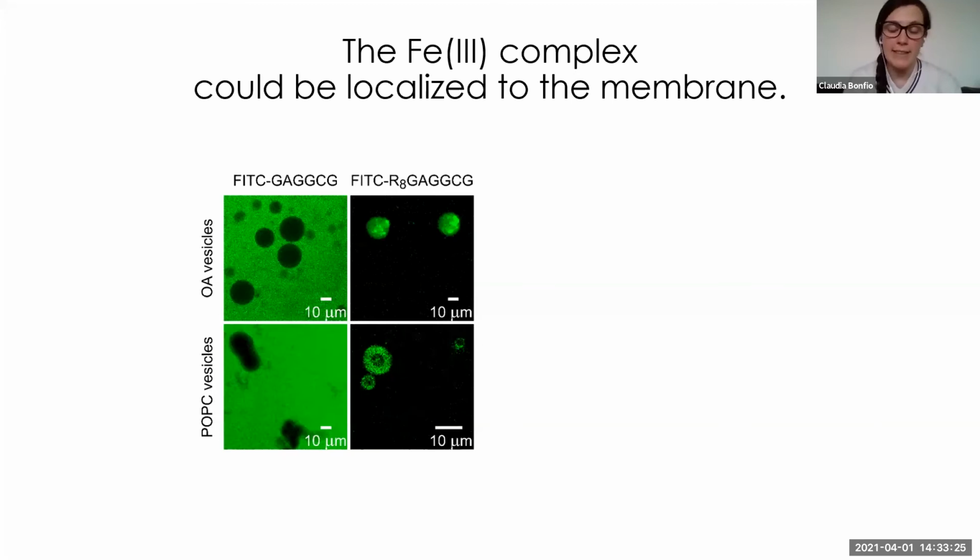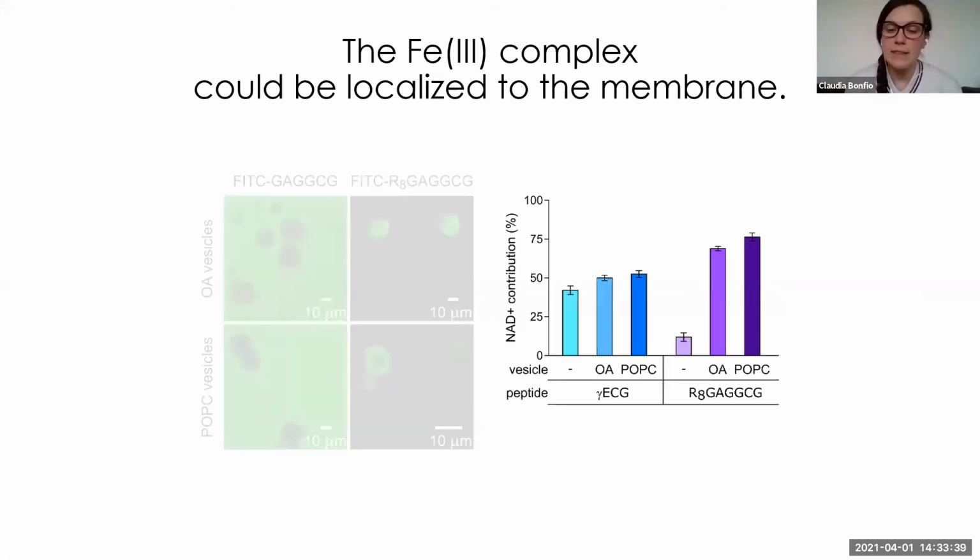And in the right figures, microscope figures that you can see here, you can see that the iron-based mimicking system is attached to the membrane. And this graph just shows you that if you look at the light purple and dark purple bars, you can see that there is a way to discriminate some mimicking systems from others that don't work.